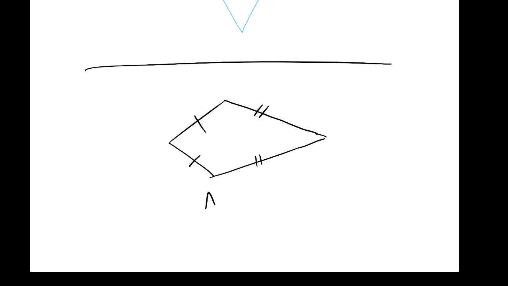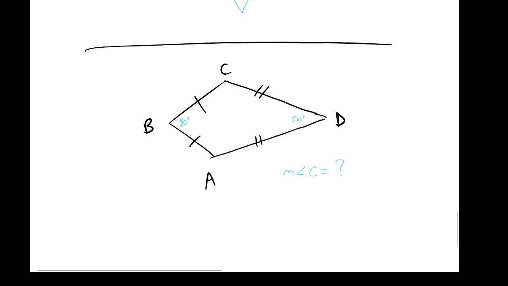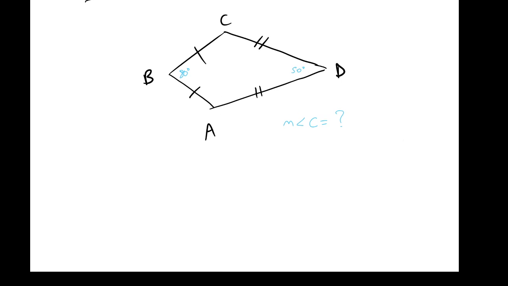This is going to be A, B, C, D. This is your kite. This guy is 80. This guy is 50. And we're going to find the measure of angle C. Well, we know the following.